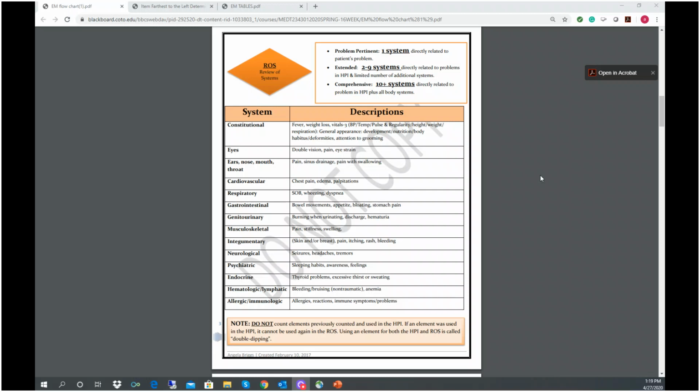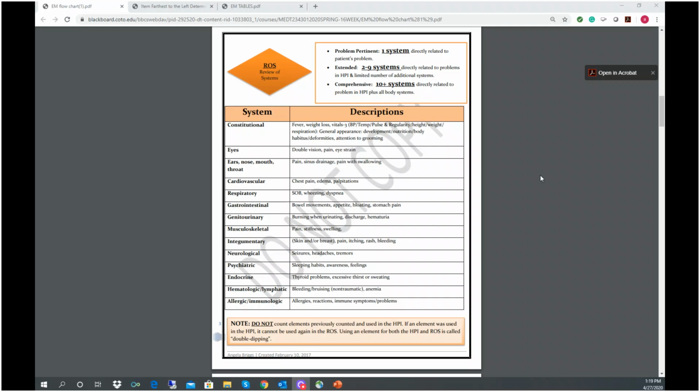The note here is we do not count elements previously counted and used in the HPI. So if we don't have anything listed in our review of systems, we can't pull elements that we've already previously used. However, if we have additional information such as they had rhinorrhea and a headache, and we didn't need to count that, we only needed to count 1 for the signs or symptoms, we could use headache down below, or even rhinorrhea for the ears, nose, and throat.